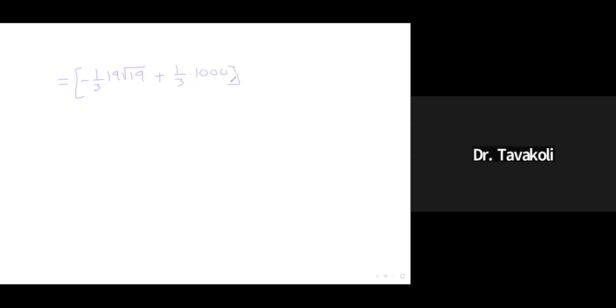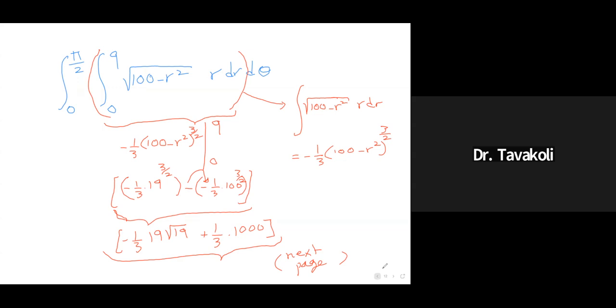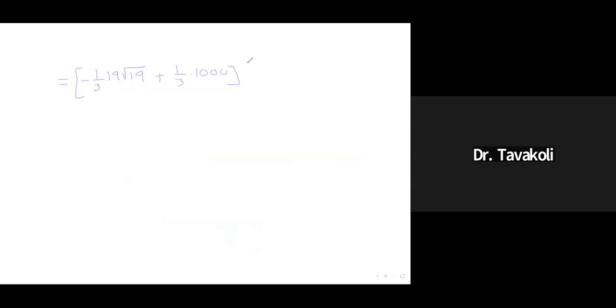And the outer integral, theta was running from 0 to pi over 2, the integral from 0 to pi over 2 of d theta. Again, I don't see any function in terms of theta, so that means it is 1 here. The antiderivative of 1 is theta. It should be evaluated at these endpoints. At pi over 2 is pi over 2, at 0 is 0, so it is just pi over 2.